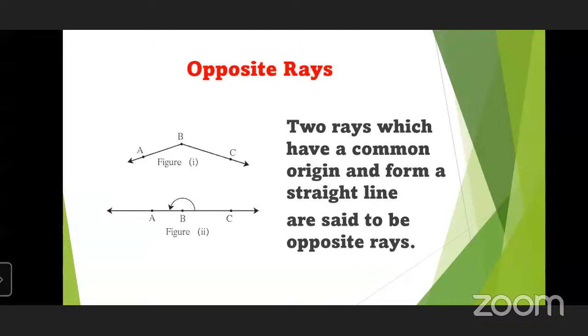That's point B. In figure 1, ray AB and ray BC both start from point B. In figure 2, ray AB and ray BC again start from point B, but figure 2 makes a straight line. Right? So figure 2 is our opposite rays.